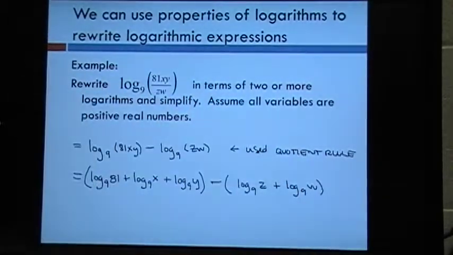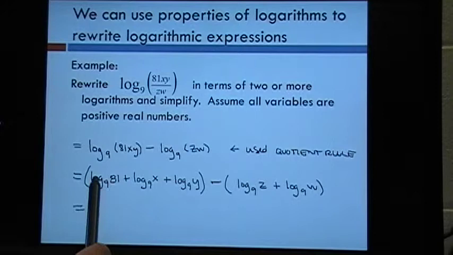terms. So going through and simplifying further, I've got log base 9 of 81. If I come across a logarithm that I can easily evaluate, I do. I know that if I take 9 to the second power, I'm going to get 81. So log base 9 of 81 is 2.